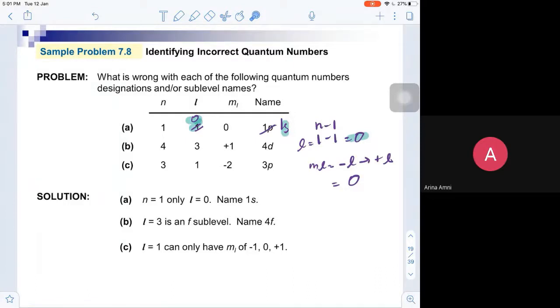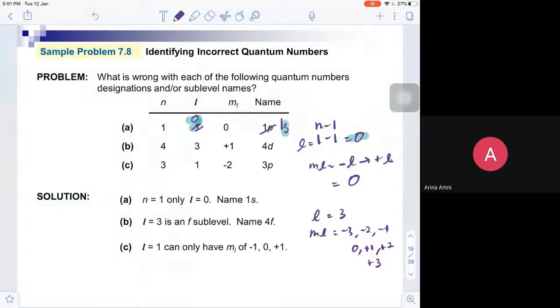Yes. What are the other possible ml values? -3, -2, -1, 0, +1, +2, +3. There are 7 values of ml.